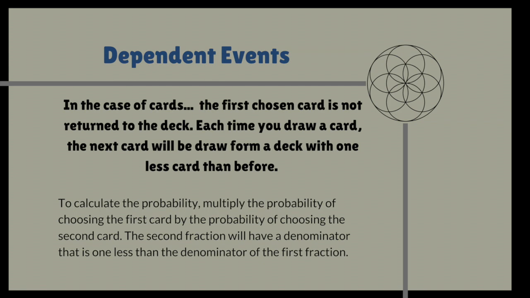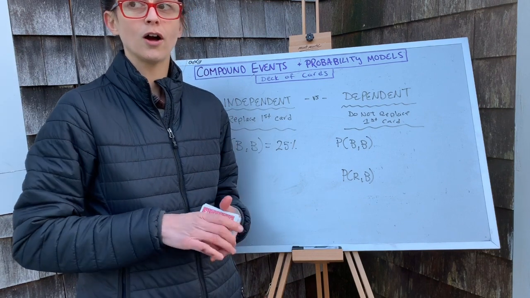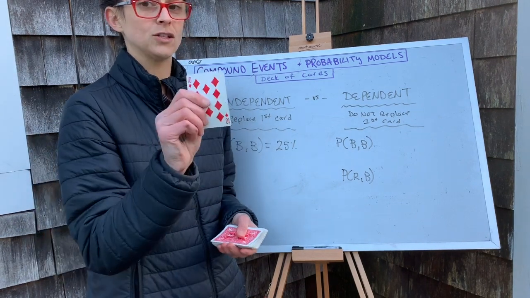A dependent event is when the result of the first event changes the total outcomes of the second event. In the case of a deck of cards, it changes the total outcomes from 52 to 51. In this case, we're going to draw a card, and it's red.